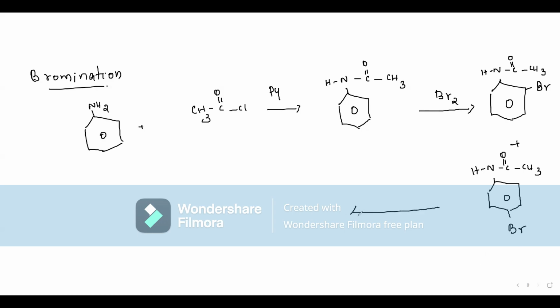Now treat this acetanilide with acidified water. So in other words, subject this to acid hydrolysis. So what happens is this bond will break. Both cases, this NH and CO bond is breaking. And from water, what is water actually?